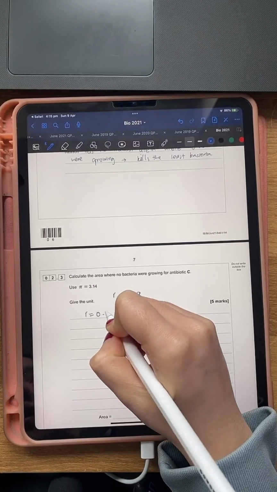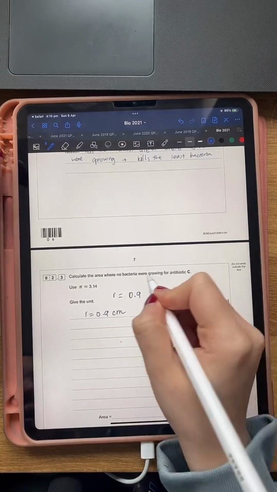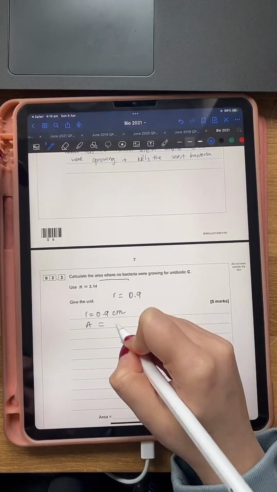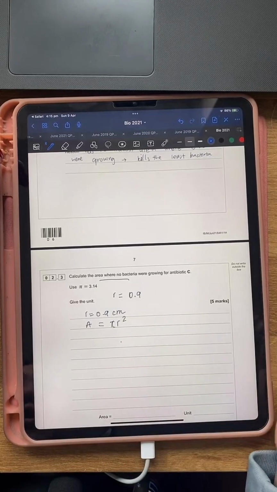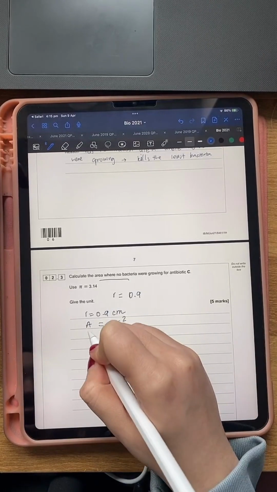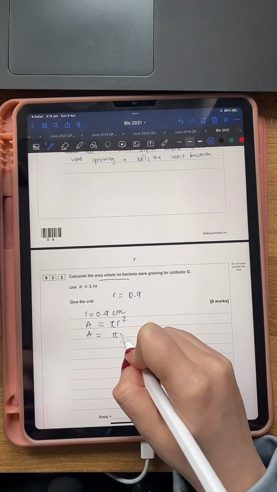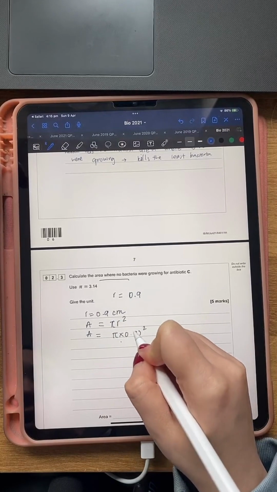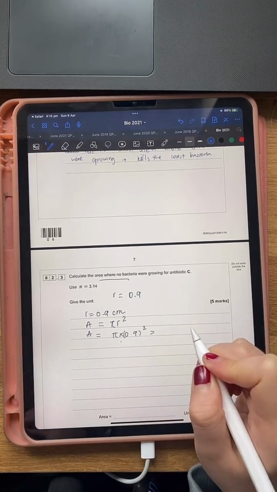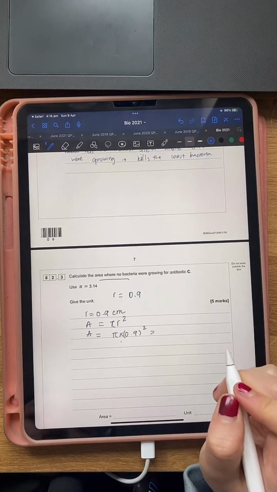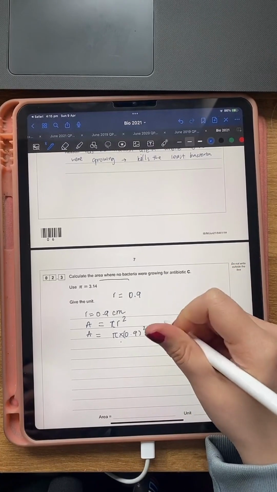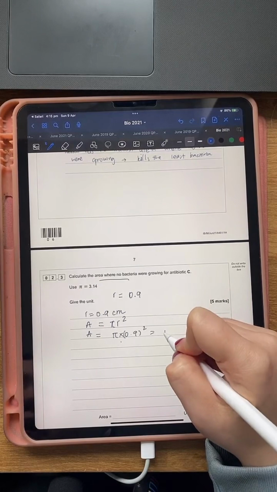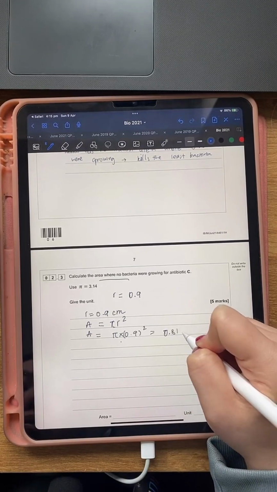Area is pi r squared. So that's going to be A equals pi times 0.9 squared. And that gives me a value. I don't have my calculator. So that's 0.81 pi. And that would be in centimeters squared.